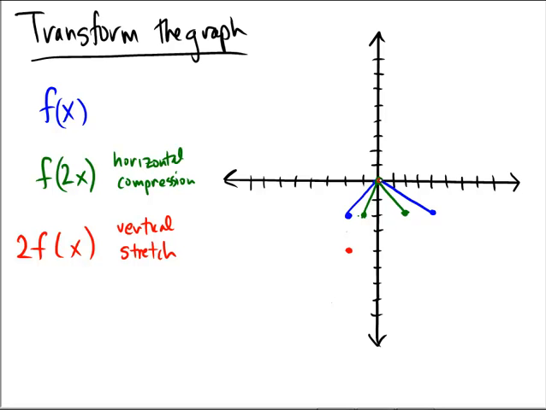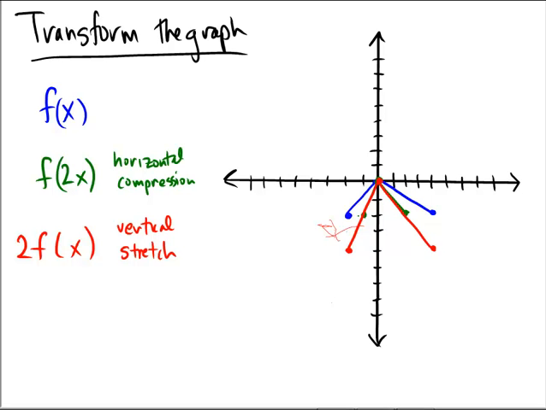0 gets doubled to be 0, so that's still going to be in the same spot. And then the other point, which was located at a y coordinate of -2, is also going to be doubled to become -4, keeping the same x coordinate. So it's going to go right about there. So this graph is going to look like it stretches from here to there, and then this one is going to stretch sort of from there to there.